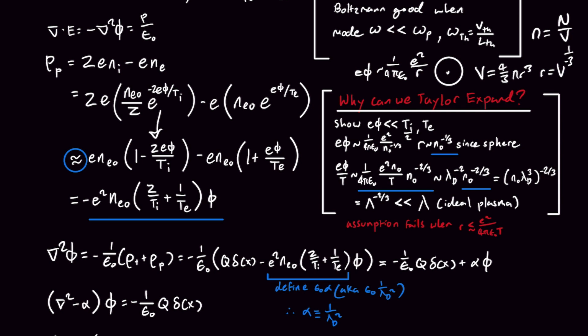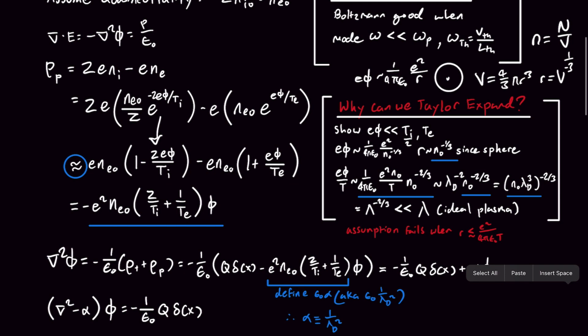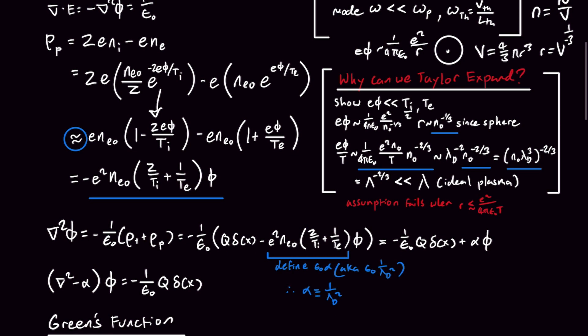So over here, you will know that this n0 times Debye length to the power of 3 is actually going to be the Debye sphere. And the Debye sphere for an ideal plasma is 1. So this Debye sphere is much less than 1, meaning that it is basically saying that E over T is much less than 1.